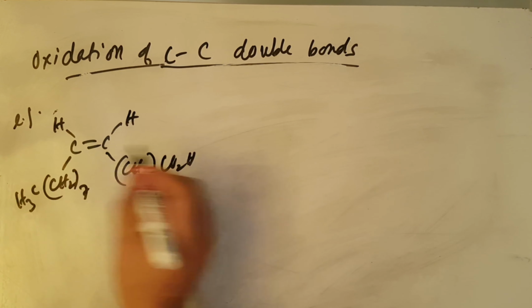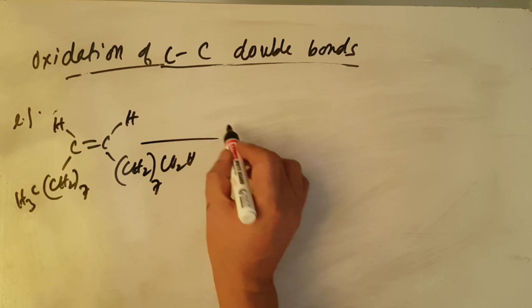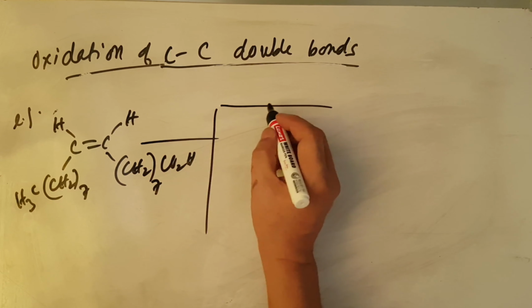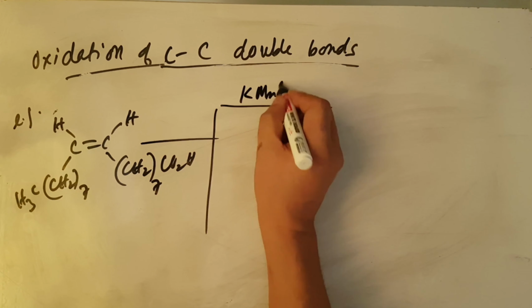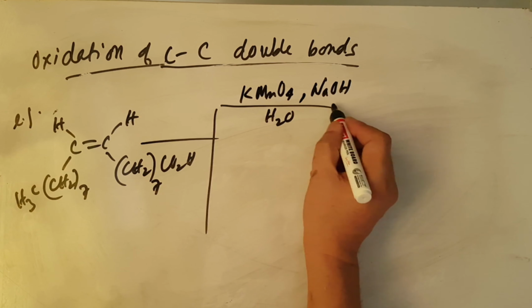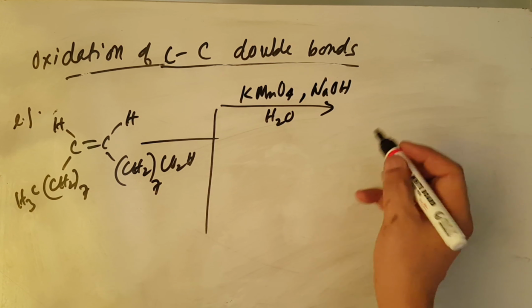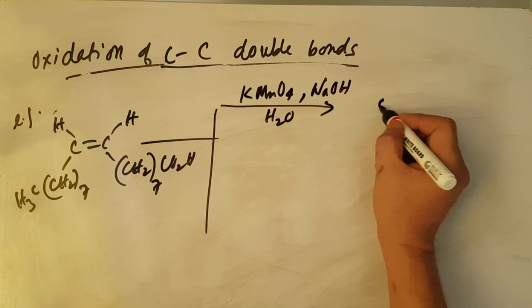You can have two types of reactions. Here we can use KMnO4 in alkali medium, hydroxide aqueous solution. First, formation of this 1,2 diol takes place.